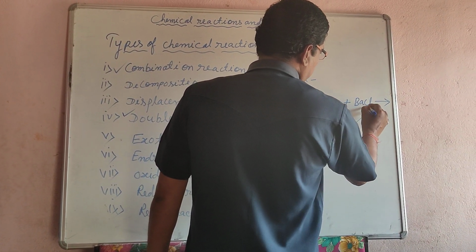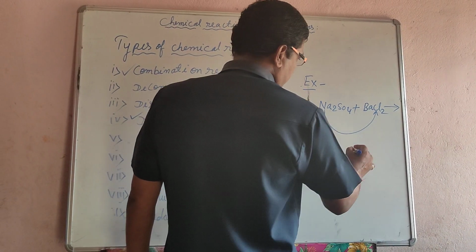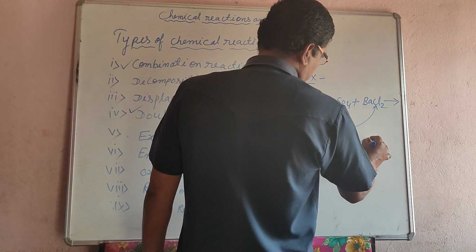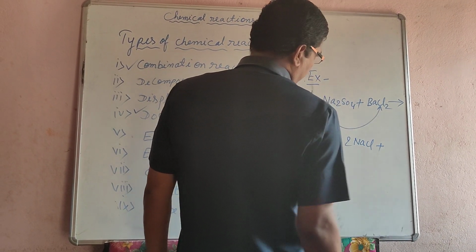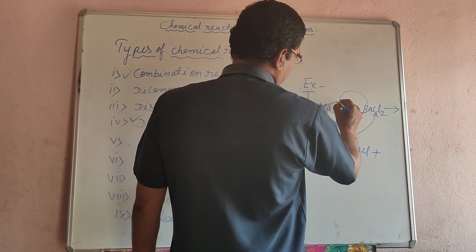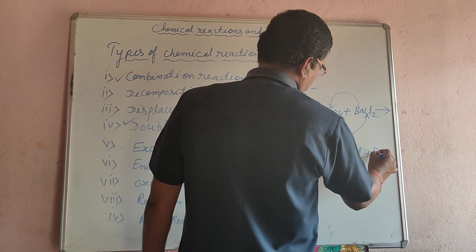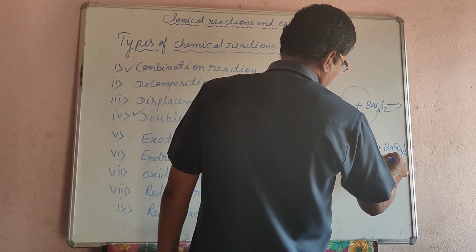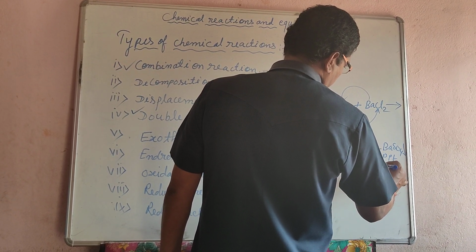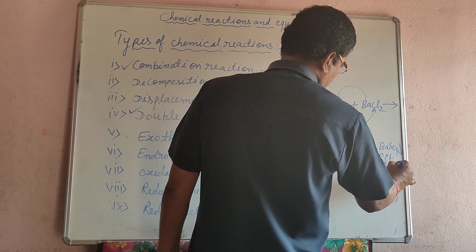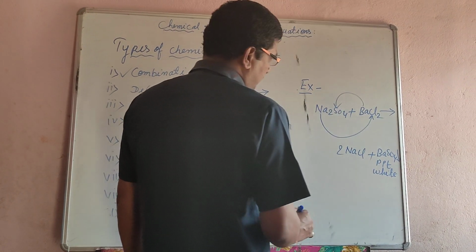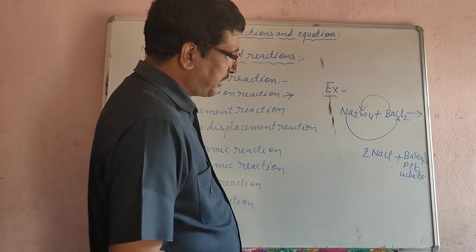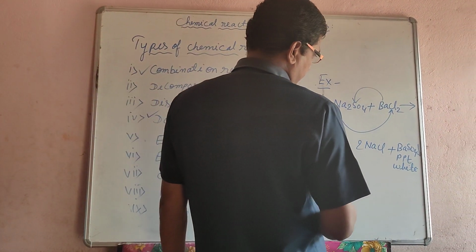Sodium will be combining with the chloride ion, so it will form sodium chloride, plus barium will be combining with the sulfate ion, so it will form barium sulfate. This is the precipitate of barium sulfate, which is white in color.